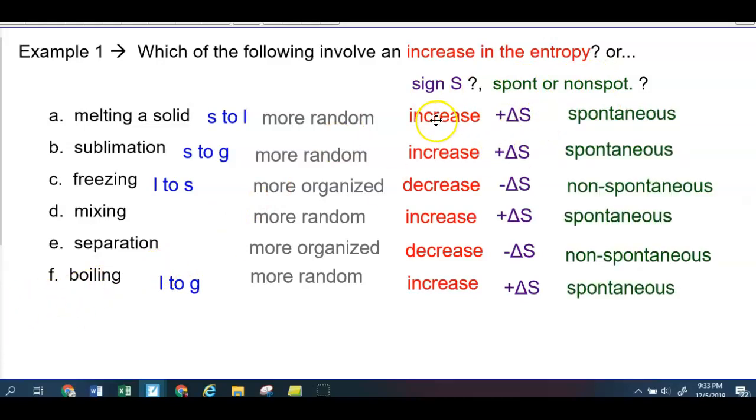If it is increasing in entropy, we consider it spontaneous. Positive S is spontaneous, negative S is non-spontaneous. So you could be given examples like these, and then be asked to go through any of these or all of these.